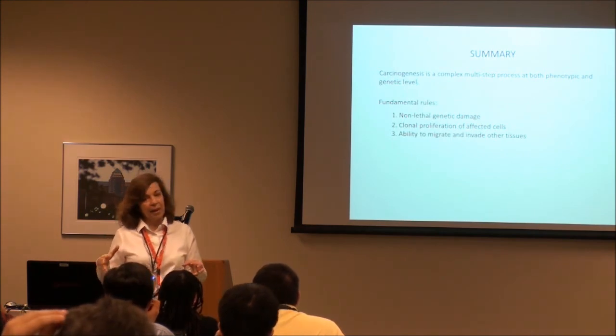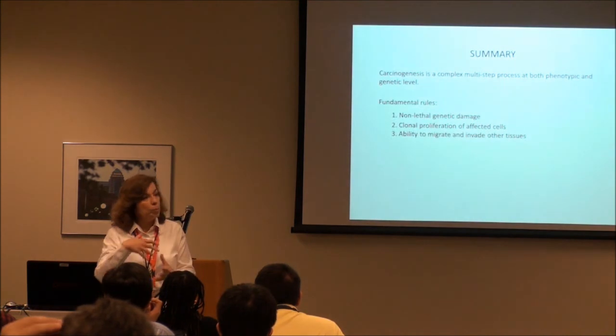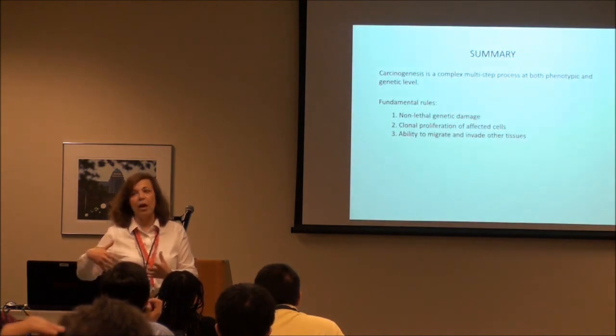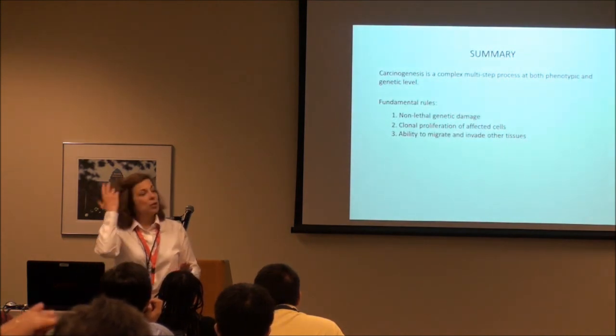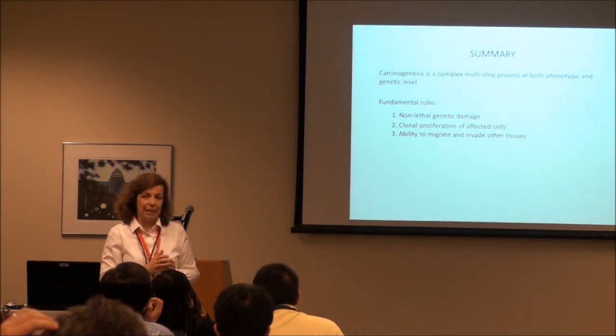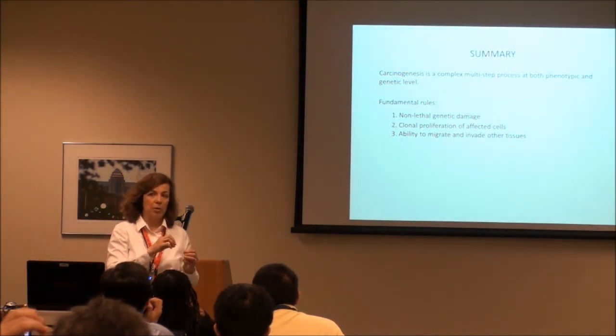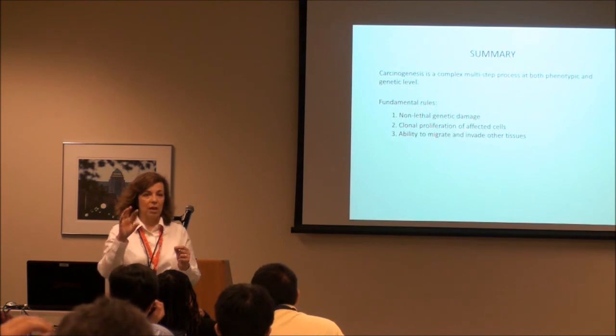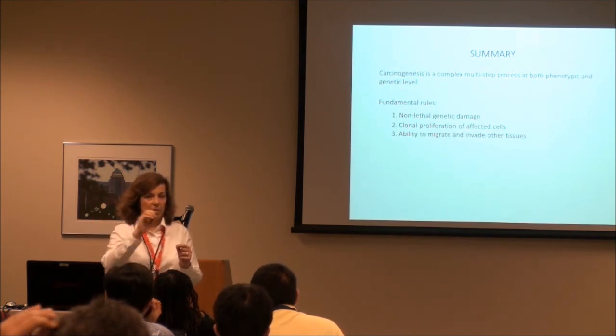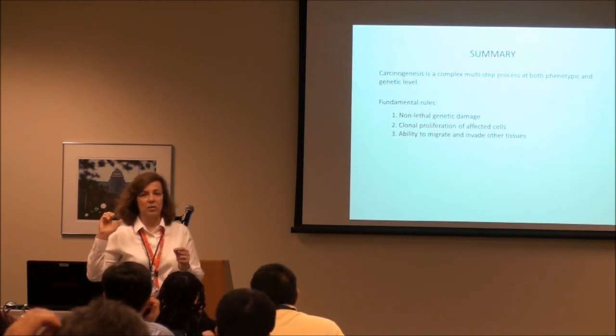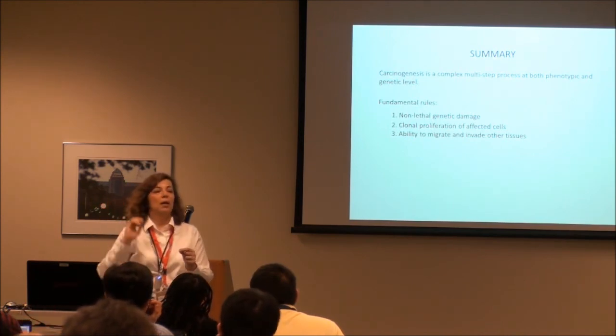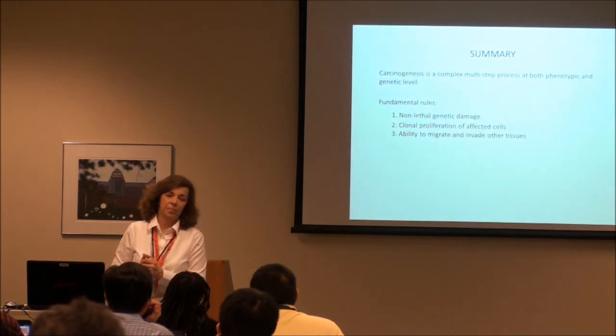So some extracellular environments are more prone to migration than others. Very often, clinicians can predict if you have a primary tumor in the breast that it's going to invade specific tissue, not just every tissue in your body. It's going to, let's say, invade the nervous system and the liver, but not the intestines and so on.